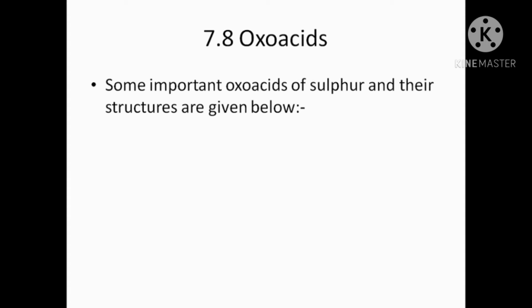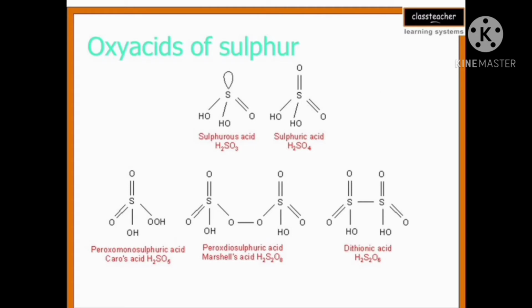Then oxoacids. Some oxoacids of sulfur, with structures, are shown here. Oxoacids of sulfur include sulfurous acid, H2SO3, then sulfuric acid, H2SO4, then peroxomonosulfuric acid, also called Caro's acid, having formula H2SO5.